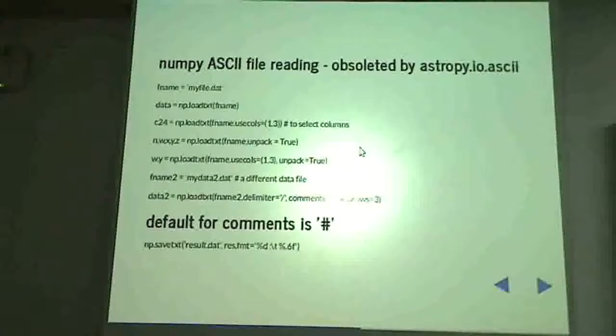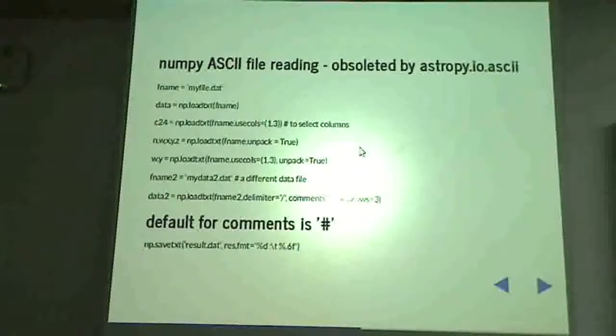I'm just going to flash this. Okay, I won't even discuss this because we will have better ways of doing it. This is now an obsolete concept because there is a new module called AstroPy, which Kaustubh is going to cover in the last class of this course, where he will talk, I hope, about how to read and write ASCII files.